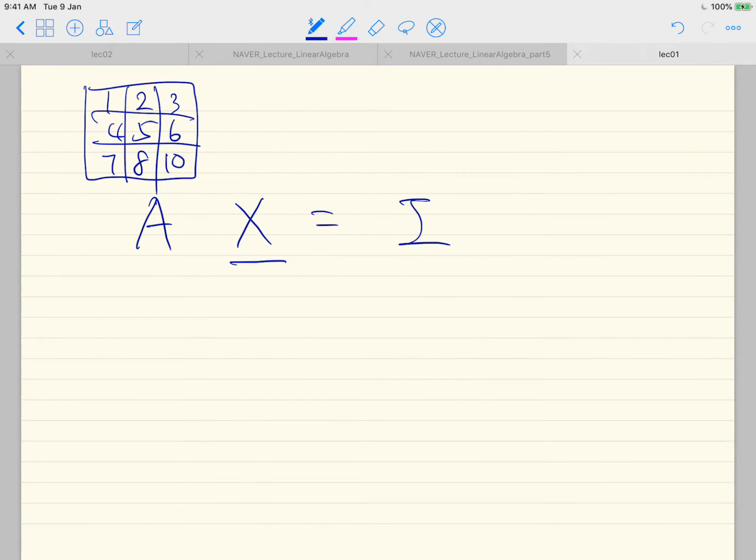The inverse matrix is also computed through Gaussian elimination in the same manner. But let's continue after the break, until maybe 12. Let's start at noon.